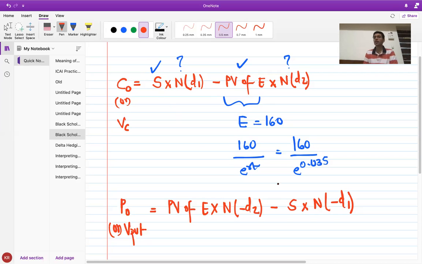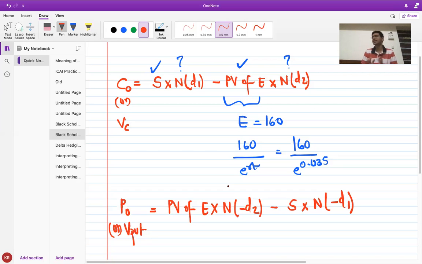That has become a part of the second term in value of put. The difference being here we have used ND1, here we have used N minus D1. In the value of a call option, present value of exercise price into ND2 was part of the second term. That has become the first term in value of a put option, with the difference being ND2 has become N minus D2.